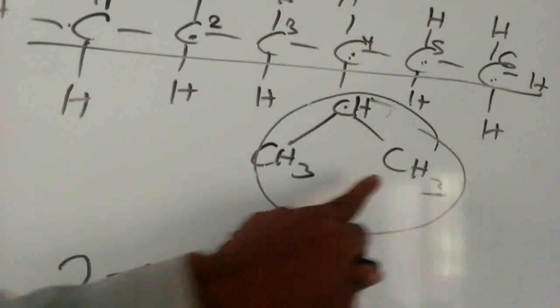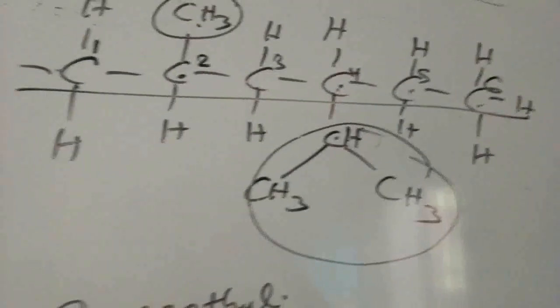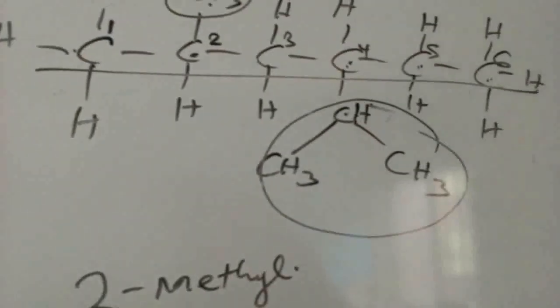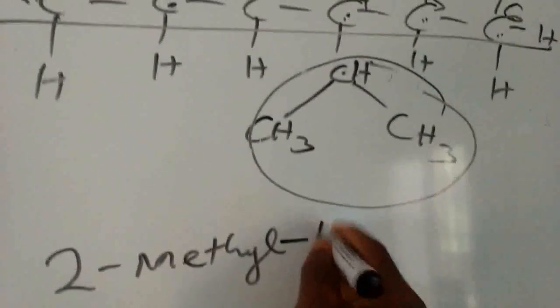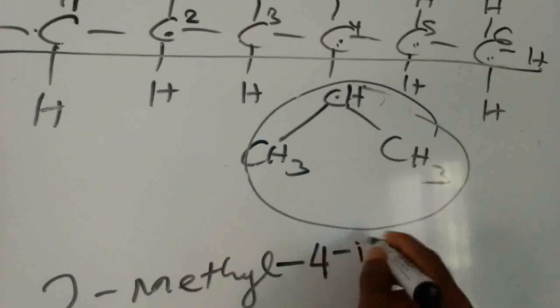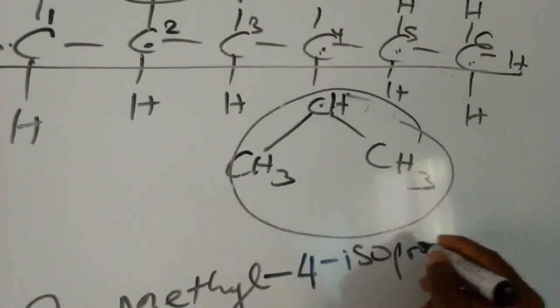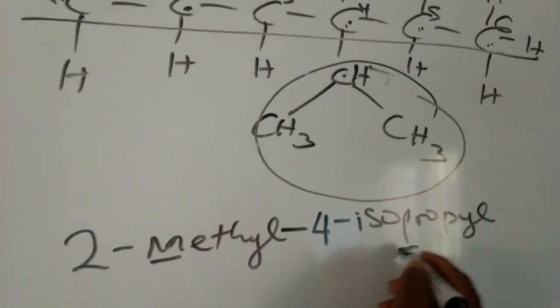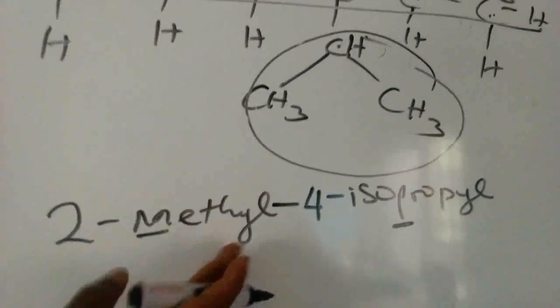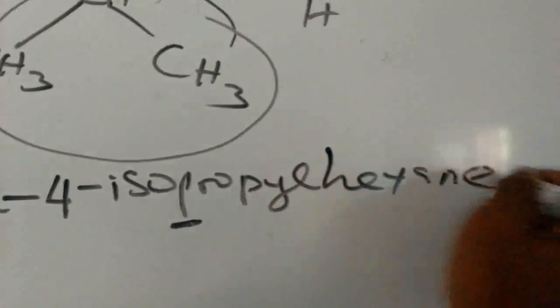This group is C3H7, but you see it's branched, so we'll call it isopropyl. 2-methyl hyphen 4-isopropyl. If you look at the letter M, it comes before P in the English alphabet, so methyl comes before propyl. 2-methyl-4-isopropyl is this structure.